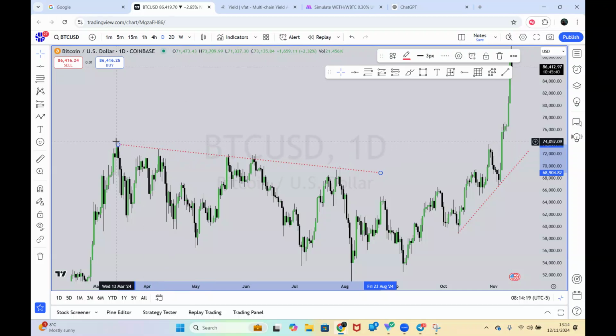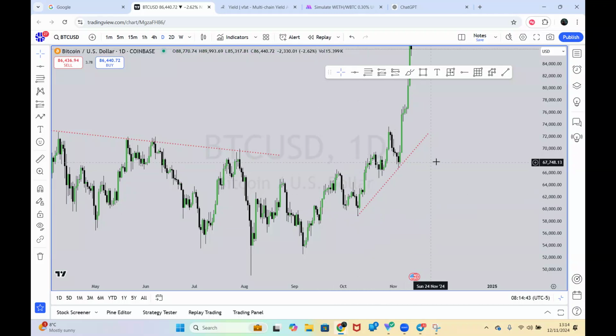We had wick, wick, open and close with a few wick rejections, a wick rejection here and a wick rejection there. So we're looking for many touches, and if we're in a downtrend, our trend line gets drawn on the highs, and if we're in an uptrend, our trend line gets drawn on the lows.